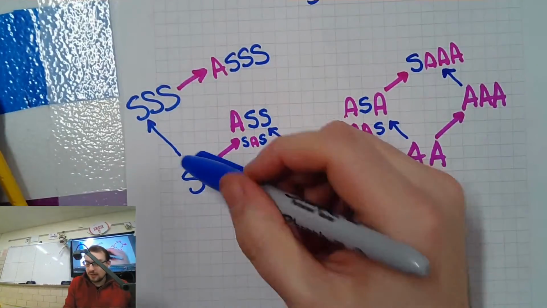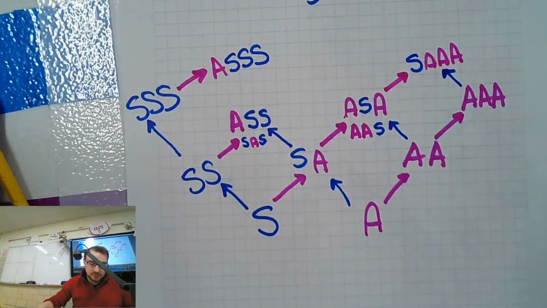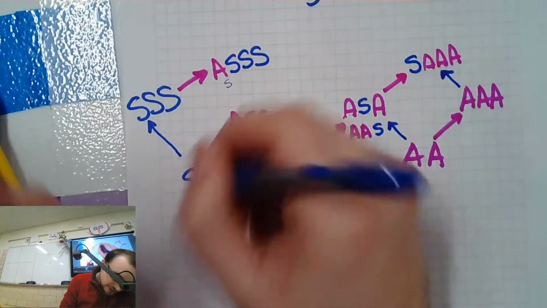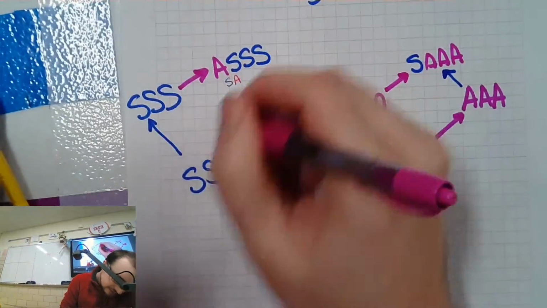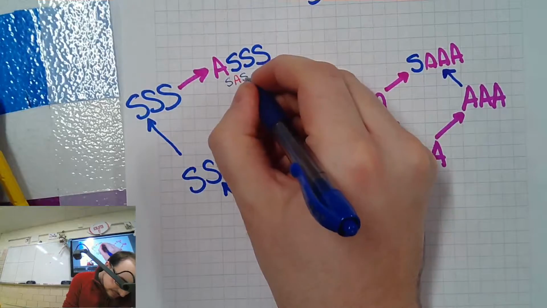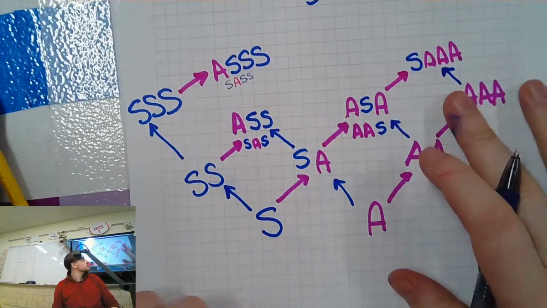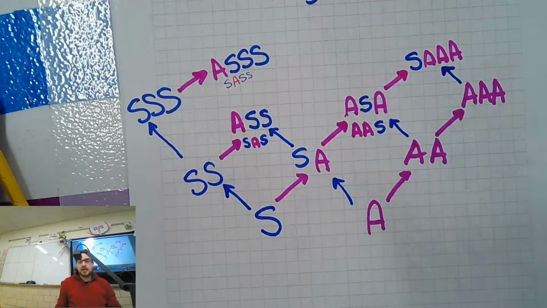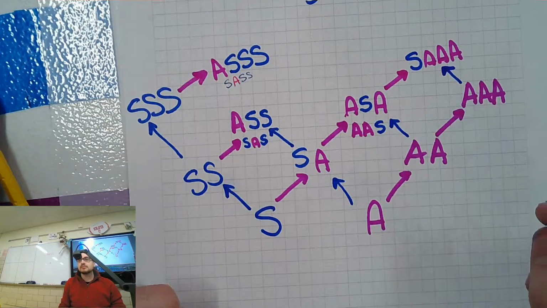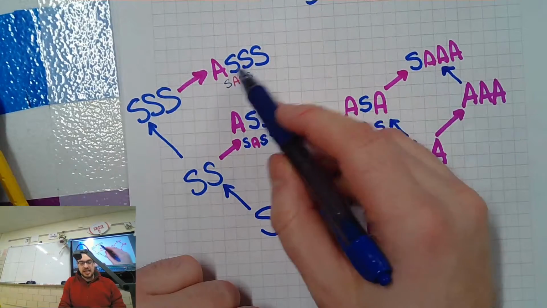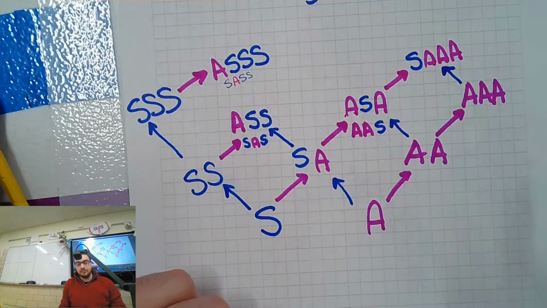In fact, there's a couple of ways, right? I could write this like this: S-A-S-S. Any other ways to write it? Two S's, an A, and an S is just this backwards, right? So no other ways to write it.